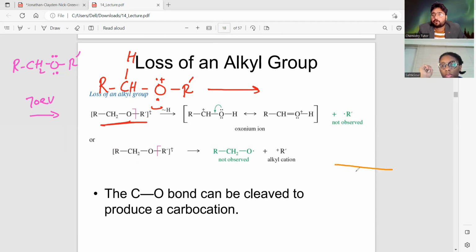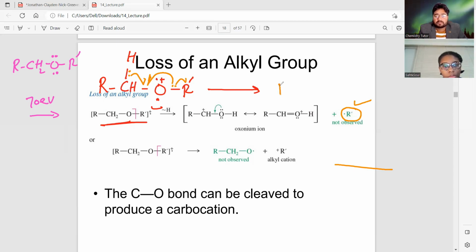One bond has 2 electrons, so there is a bond between carbon and hydrogen with 2 electrons. If I do homolytic cleavage, I shift 1 electron onto this alkyl, which converts into an alkyl radical, while the other radical shifts from here to here. So between carbon and oxygen a double bond is formed.